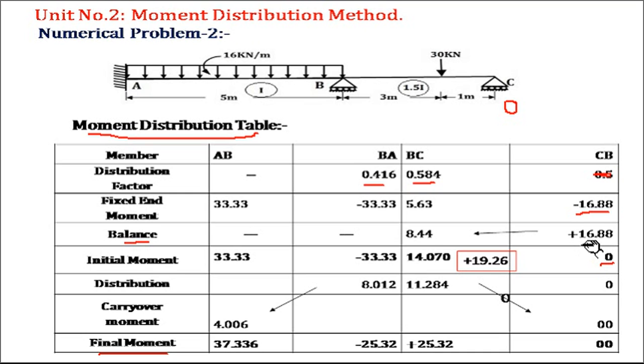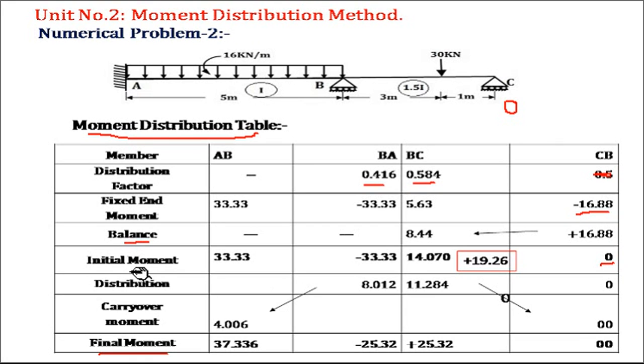When we apply the correction of plus 16.88, half of it is transferred to the next member, that is BC. So 16.88 divided by 2 is 8.44. Here it is minus, so to make it 0, you make the value plus 16.88, and then it will be equal to 0.